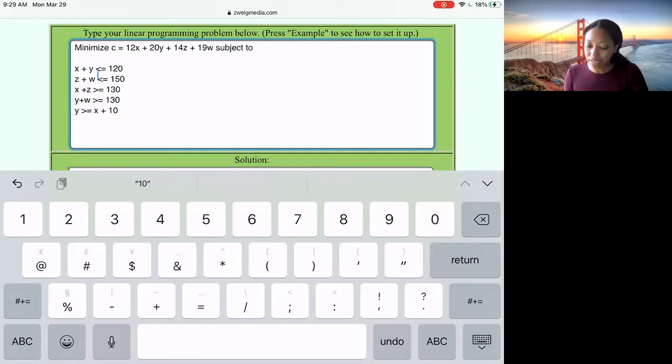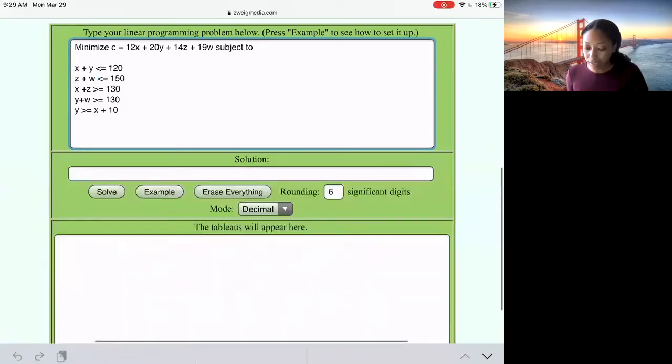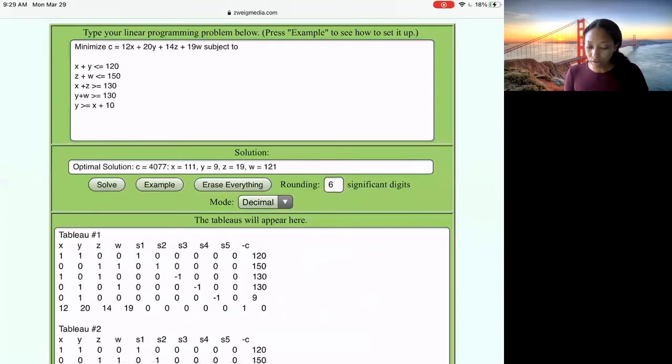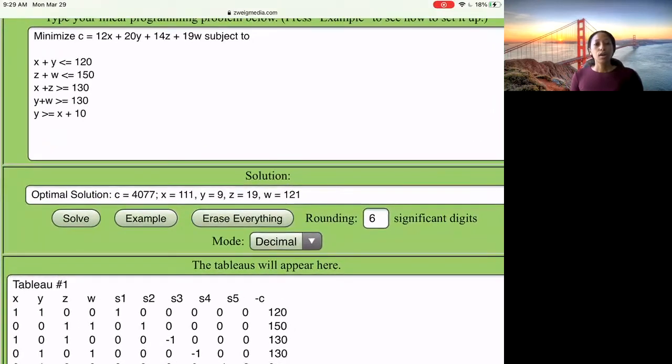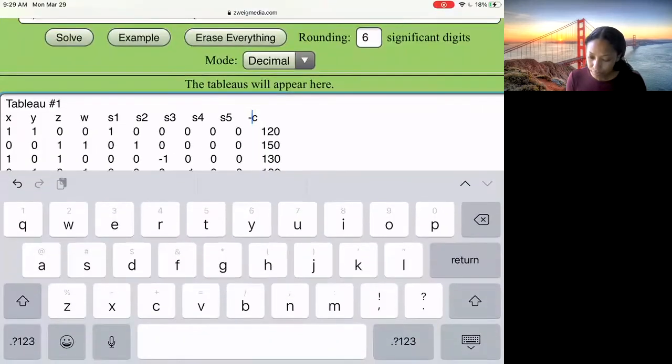Once you have everything in, then you hit solve. All right, and we get this optimal solution. 4,077, x is 111, y is 9, z is 19, w is 121.